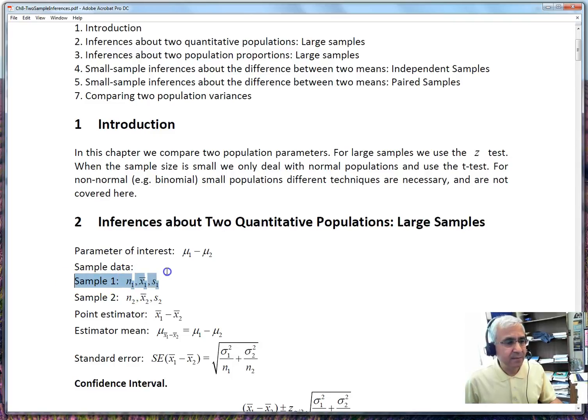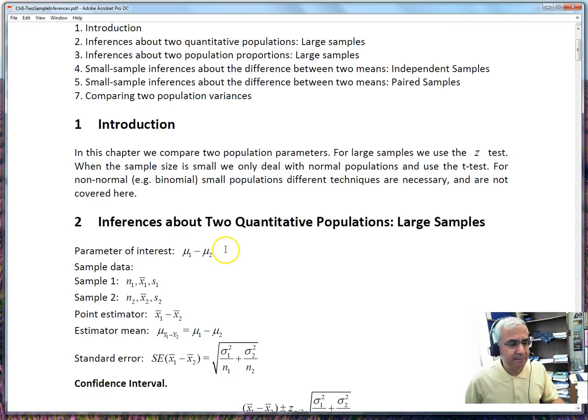We need the sample mean, we're going to call it x bar 1. And we need the sample standard deviation of the first population, we call it s1. Same thing for the second population, we need the sample size n2, x bar 2 and s2.